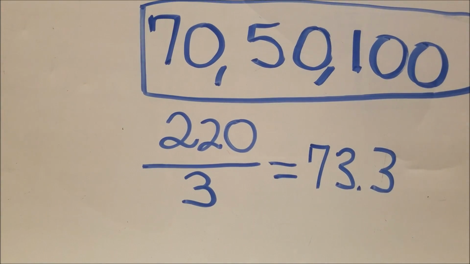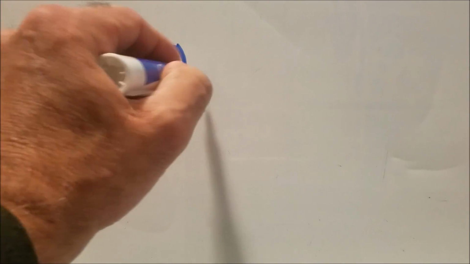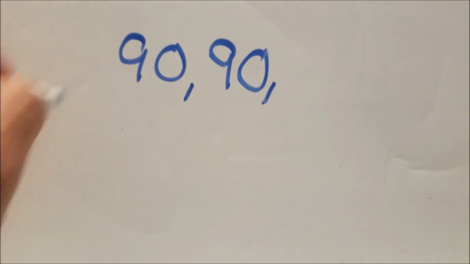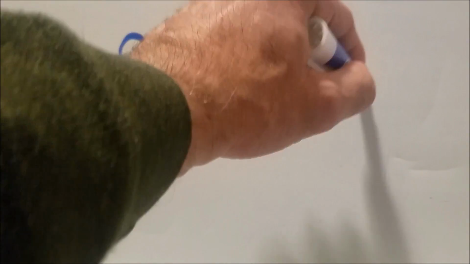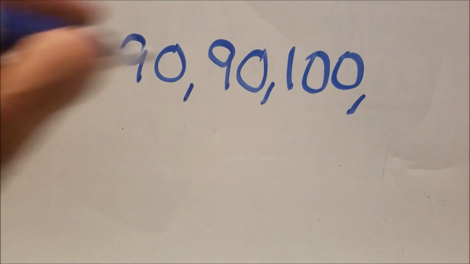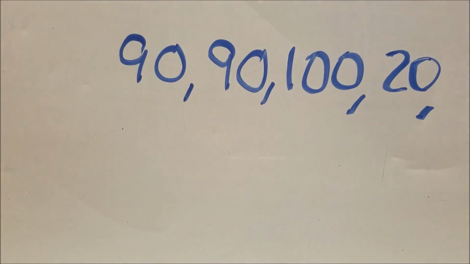So let's try. Again, it's also called the mean or the average, and we use it in school. So what would this average be? Let's say you took a test again, you got a 90, you did pretty good. Then you got another 90, right? Then you studied harder again, and you got 100, doing great. But then one day you didn't feel too good, and you got a 20. Wow. That will affect your grade, right? What do you think your average is now?